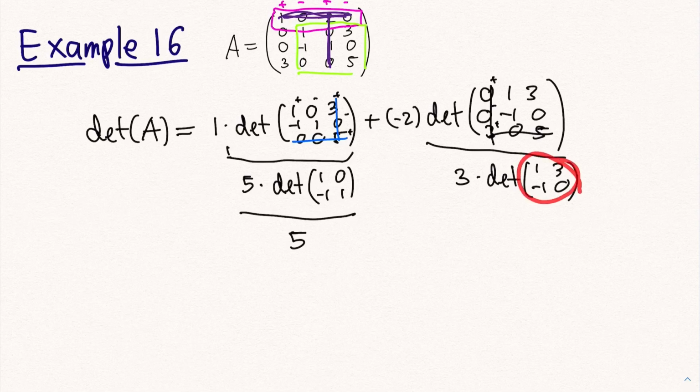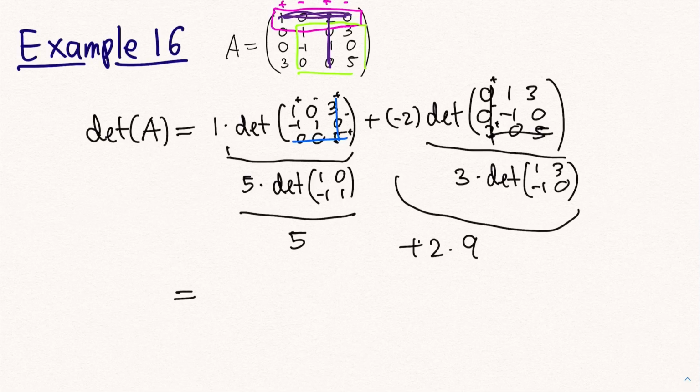And the determinant of this thing here is 1 times 0, it's 0, minus, minus 1 times 3.